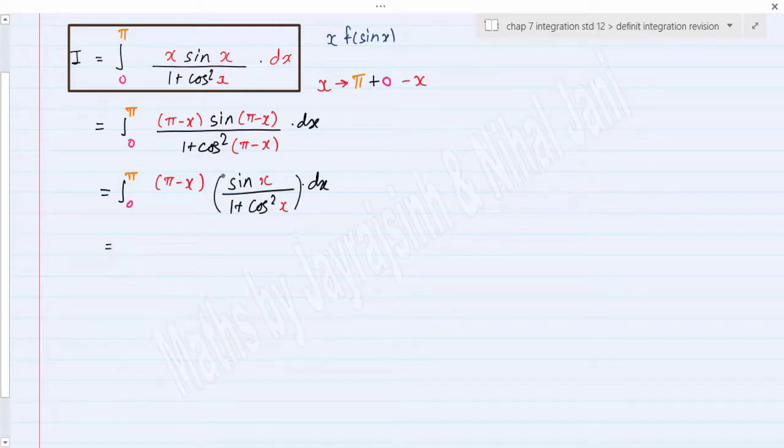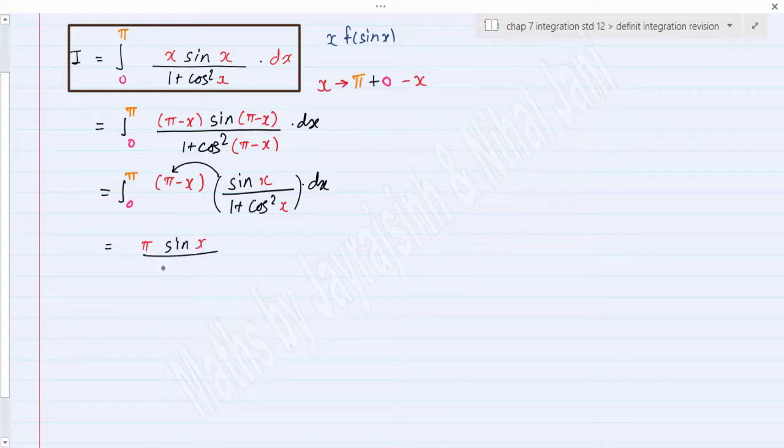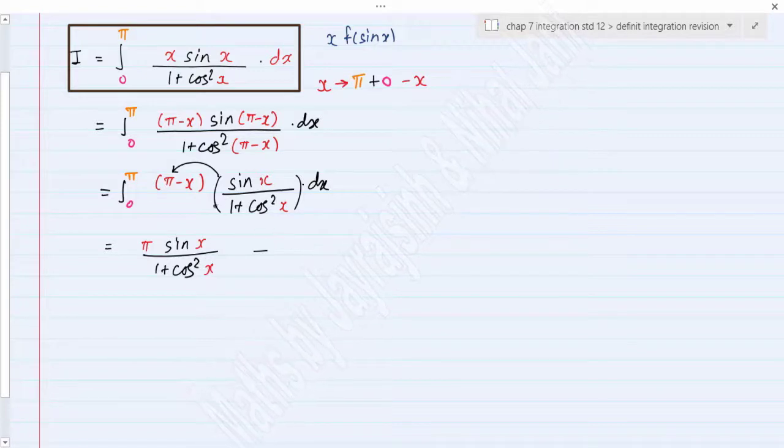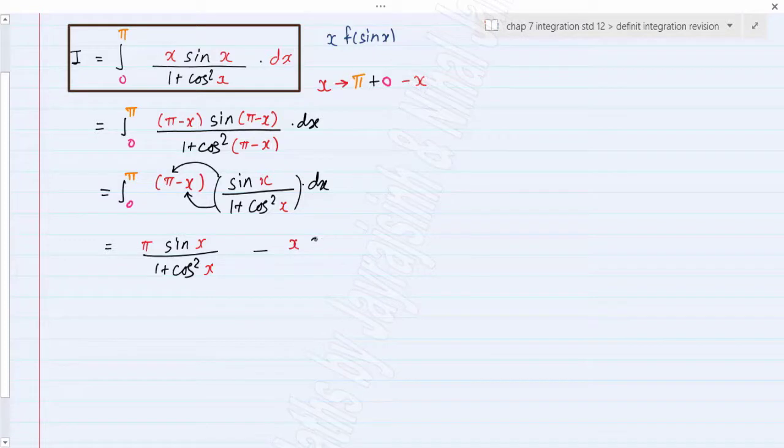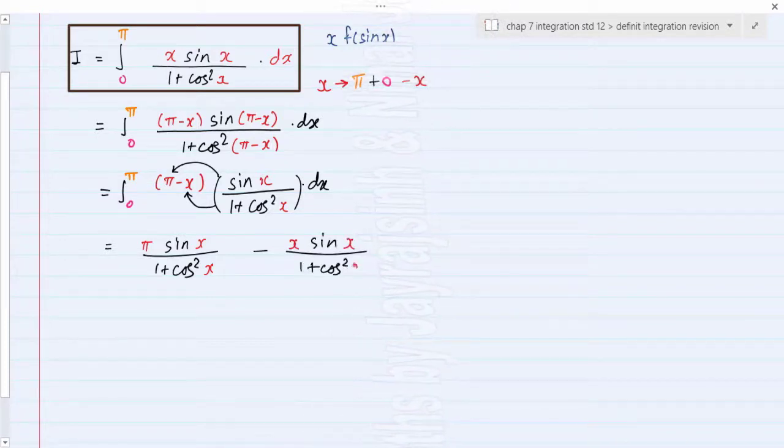Now we have to multiply the bracket with pi and x one by one. So let's multiply. The whole bracket multiplied with pi will give us pi into sin x upon 1 plus cos square x, minus the whole bracket multiplied with x will give us x sin x upon 1 plus cos square x. Our limit is still from 0 to pi.